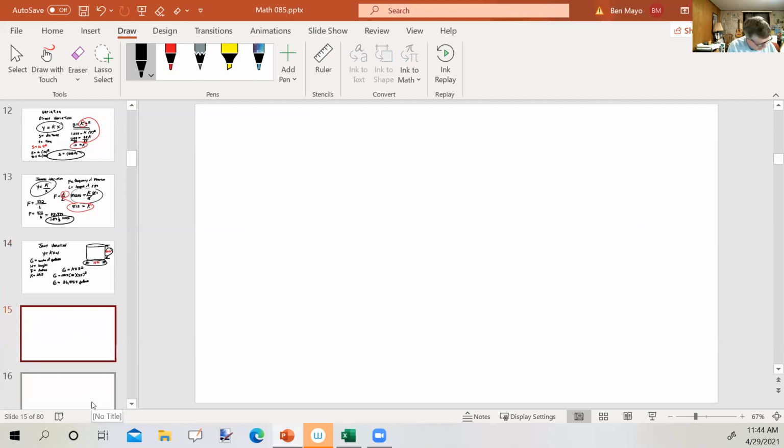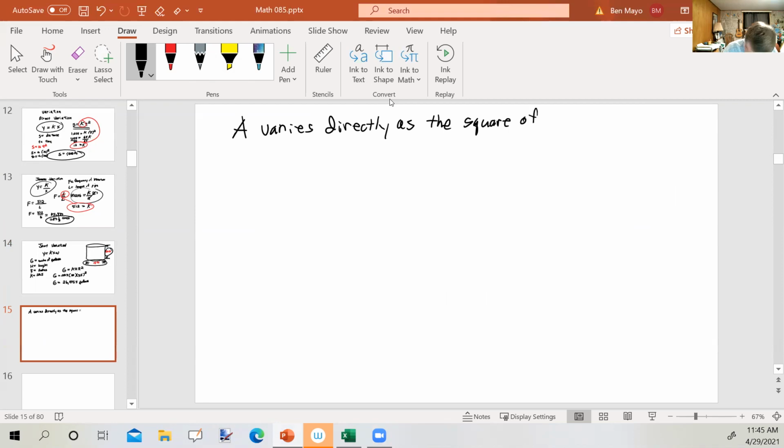This first one says, A varies directly as the square of P. So A equals K P squared. Again, K is present, though it's not mentioned.